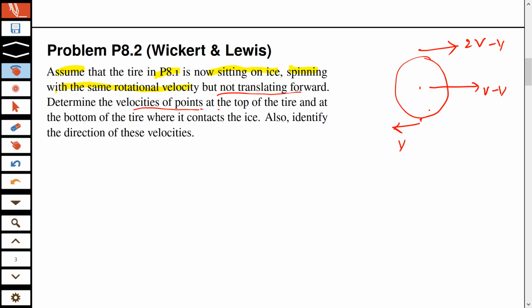Actually, now I can call it v. This will be 0. And that will be 2v minus v is v. And also identify the directions of these velocities. So of course this is forward, this is backward, and this is 0 as per assumption. So it was only a conceptual question.